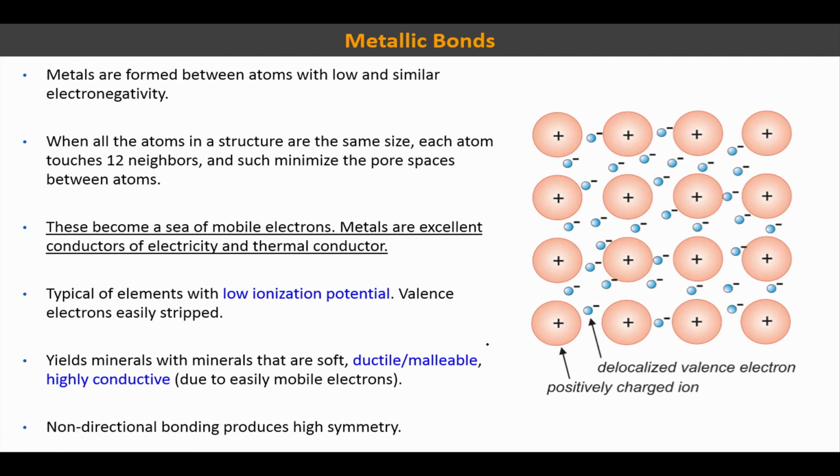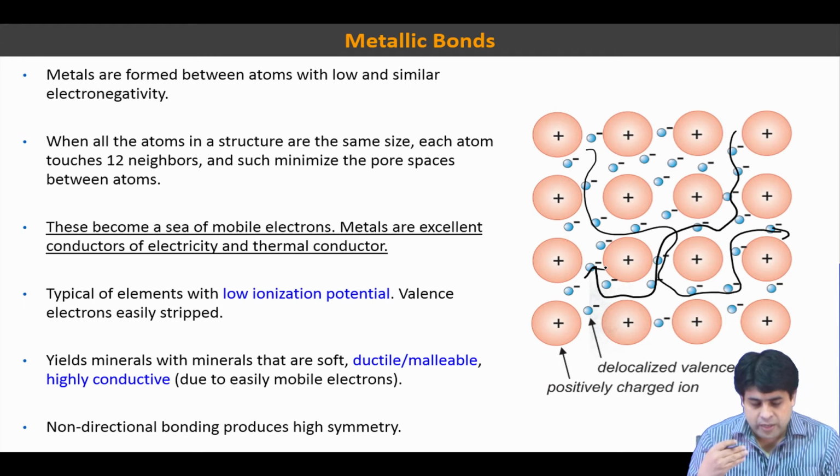But here your electrons can move anywhere in the crystal structure. Because of that, metals have an excellent property of conductivity, and they are very good electrical and thermal conductors.